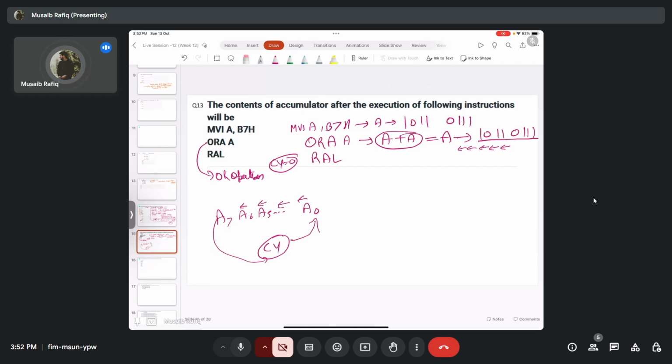So it will be 0, 1, 1, 0, 1, 1, 1, 0. So this is 6. This is 8 plus 4 is 12, 12 plus 2 is 14. So it is E. This is 6E. So the answer is 6E hex.